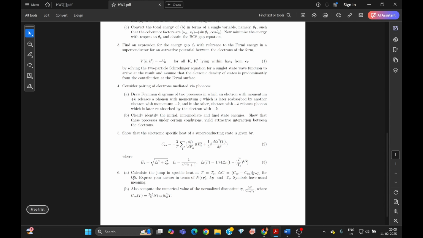Now, using the BCS model, the ratio of the specific heat, delta C by C at Tc, if we divide both, is around 1.43. It is basically an experimentally valid result. Okay, so you don't need to worry about that.